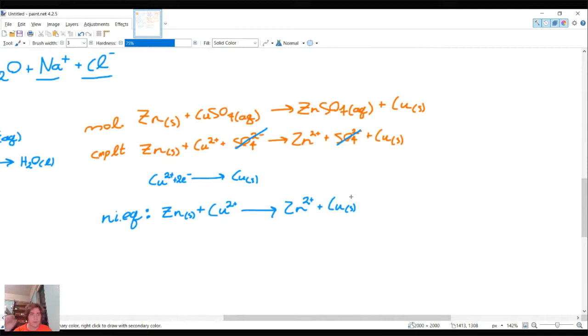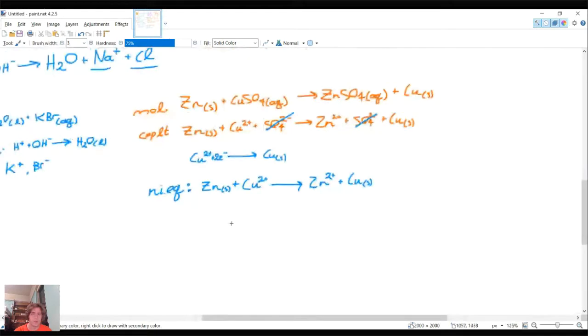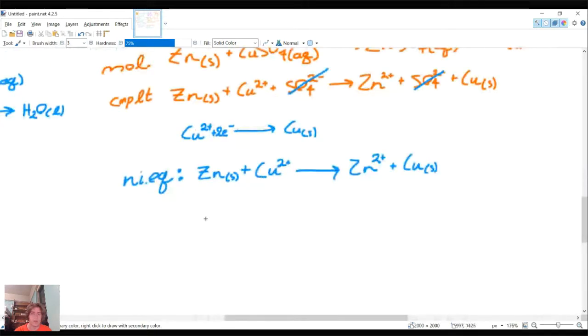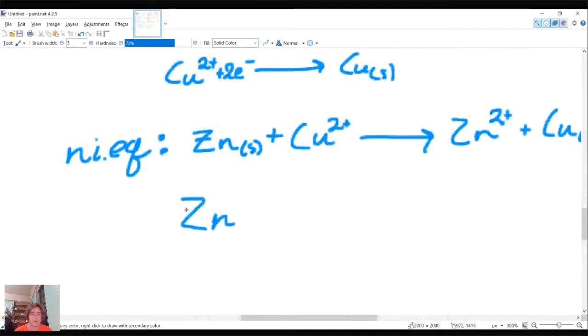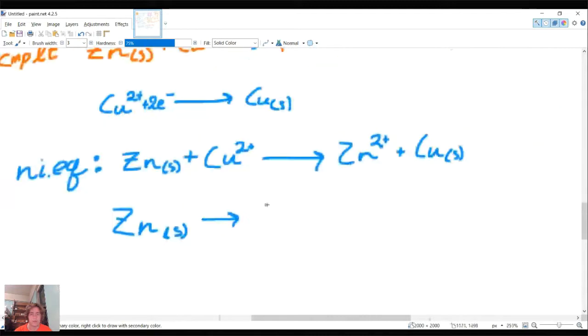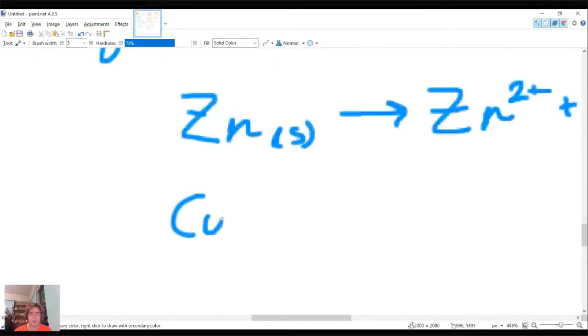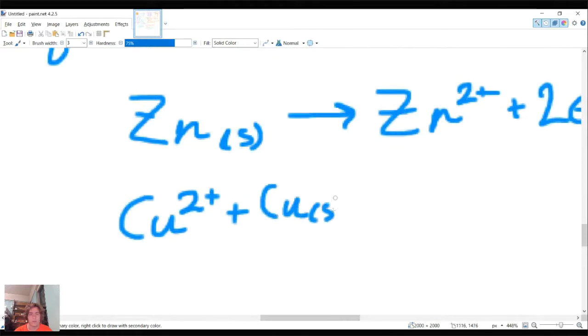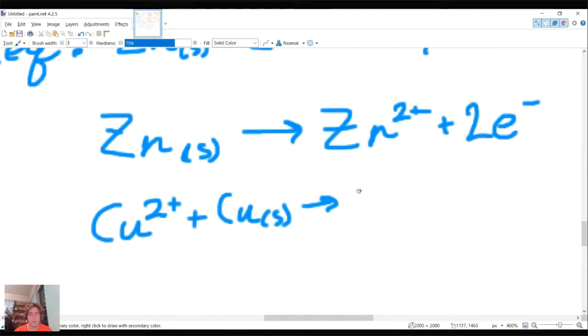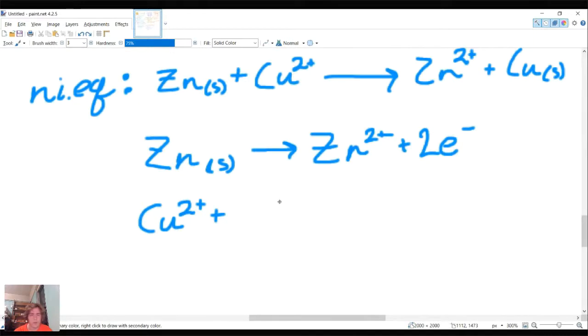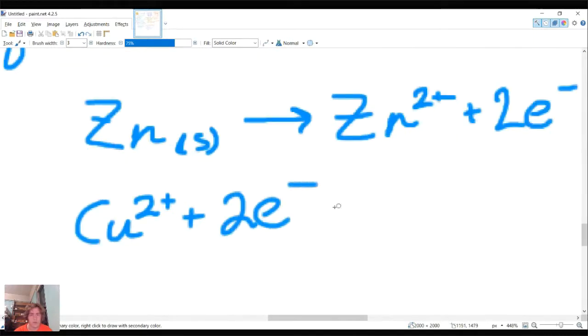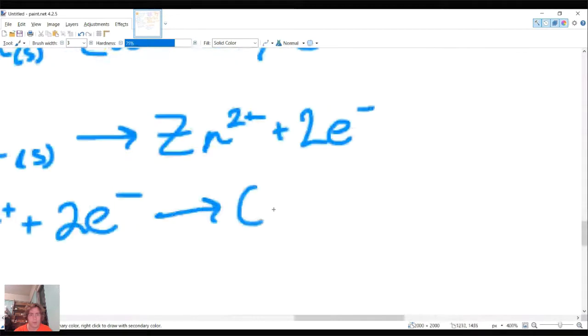And I can actually go over something cool about that. When we're looking at what happens to the zinc, we have the zinc losing 2 electrons. And we look at what happens to copper. We have the copper ion plus 2 electrons turning into solid copper.